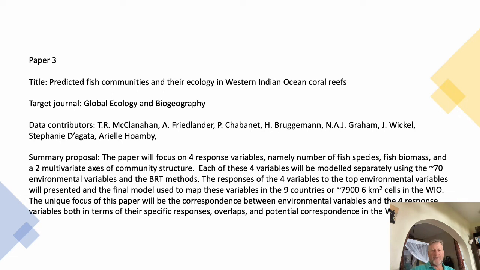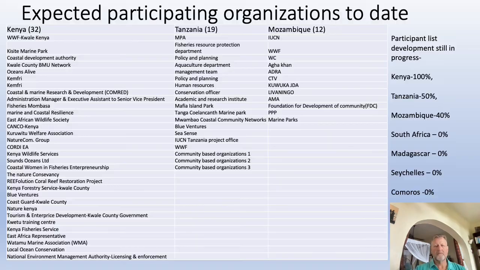We can choose some scenarios as well if space permits, but the idea is to have a very fish-centered paper, which will give us a good idea of how these four variables are distributed in the Western Indian Ocean, and what the environmental variables associated with them are.